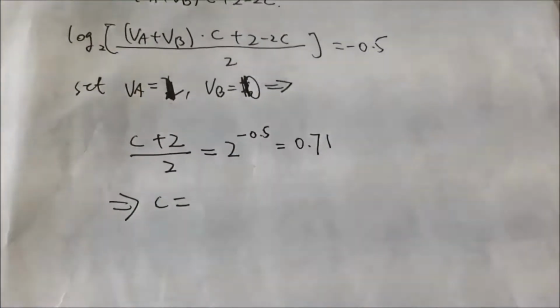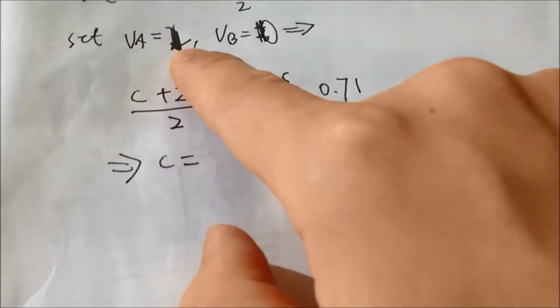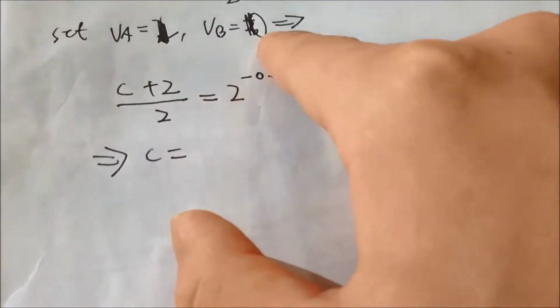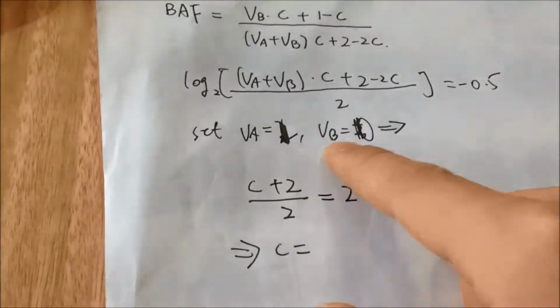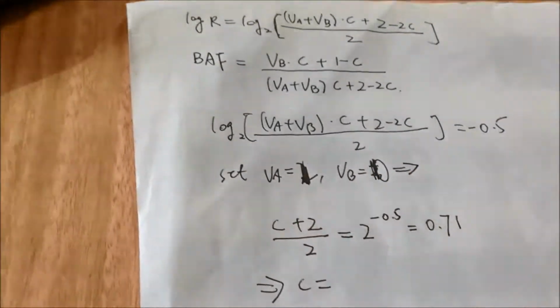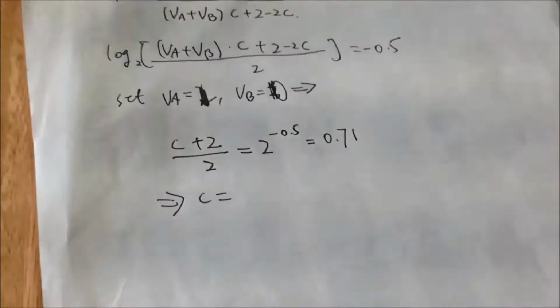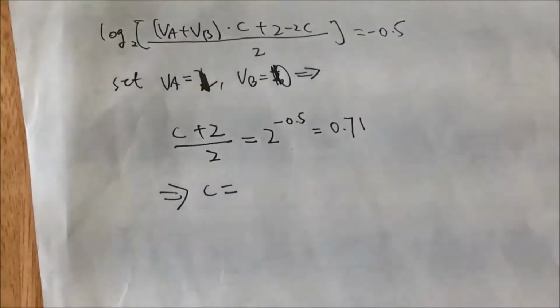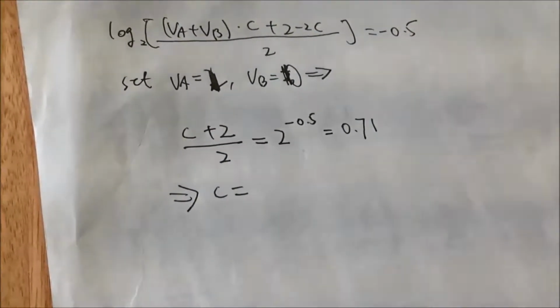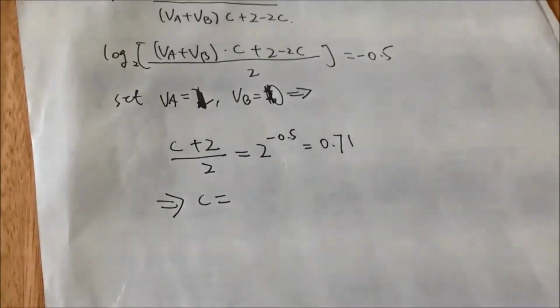In normal cases, we have A allele is one copy, while B allele is one copy, so they get two copies of allele for each chromosome. But in this case, we already know this is the loss of one copy, so we set VA is 1 while VB is 0.